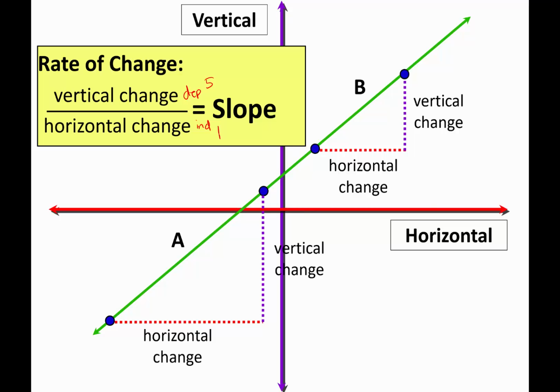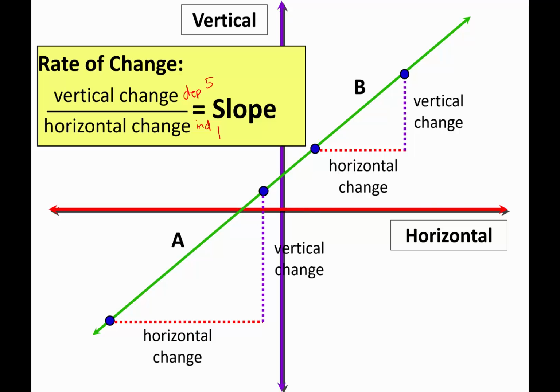So if you looked at these two segments A and B and you were comparing the horizontal and vertical change, you might see that in segment A there's a much bigger vertical change, but there's actually also a much bigger horizontal change. So what it really means to be linear is that when you look at the rate of change, it's consistent as a fraction, as a ratio, as dependent compared to the size of the independent.